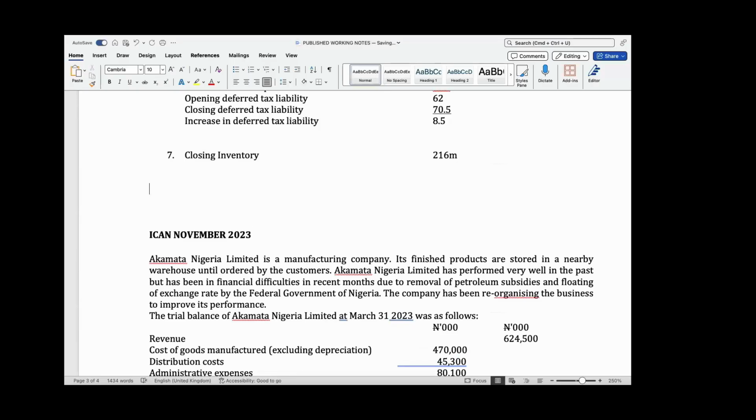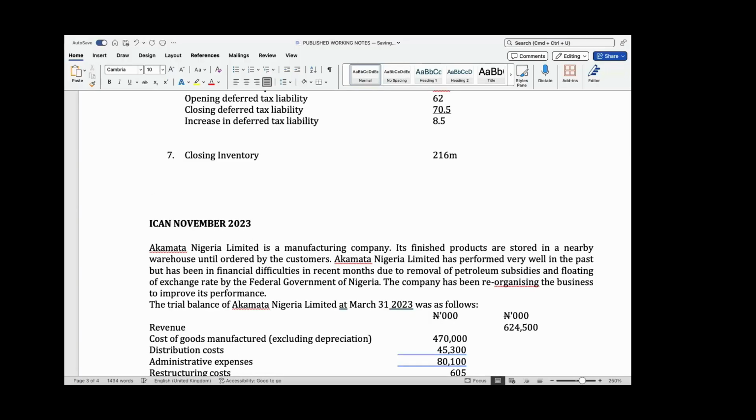Now, I'm done with all my workings, but in order to make my life even easier, there are some things I need to settle. There are some things I need to set up already, which is my cost of sales.